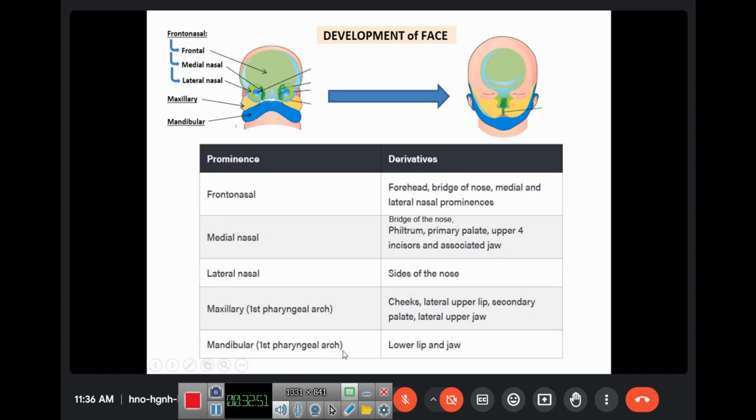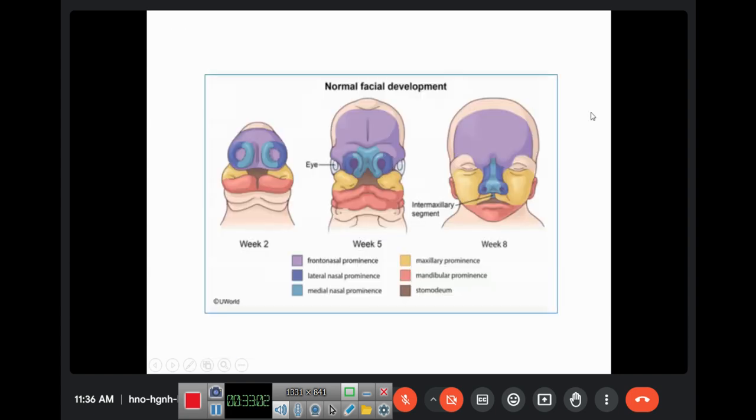Mandibular prominence gives rise to the lower lip and lower jaw, and also the mandibular portion of the cheeks. The same in this picture. So the frontal process is the purple, lateral nasal processes are blue, they make the lateral sides of the nose, and the medial nasal processes are greenish.